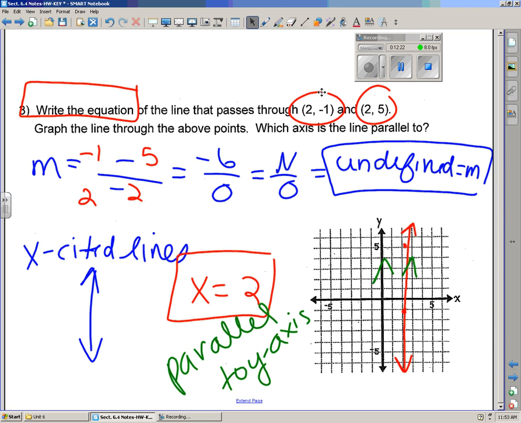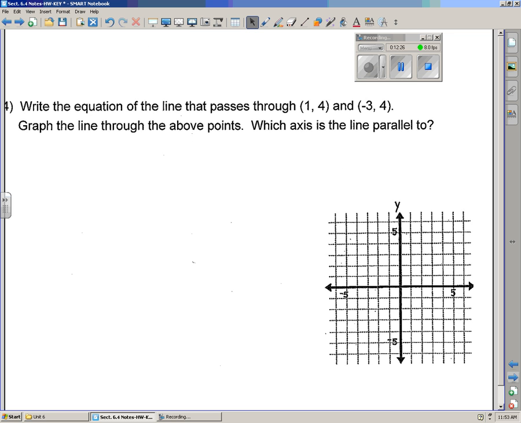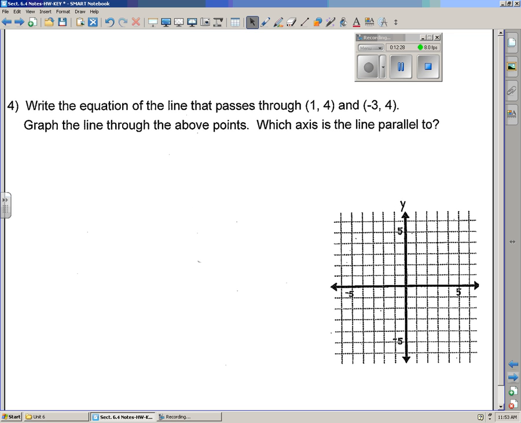Okay, let's take a look at this next one. Write the equation of the line that passes through the points 1, 4, -3, 4. Graph the line through the above points. I'm going to graph this thing first because I bet you have a feeling the fact that these guys are the same kind of says something's going to happen here. So if we go to 1, 4 and we go to -3, 4, well, there is a lazy line.